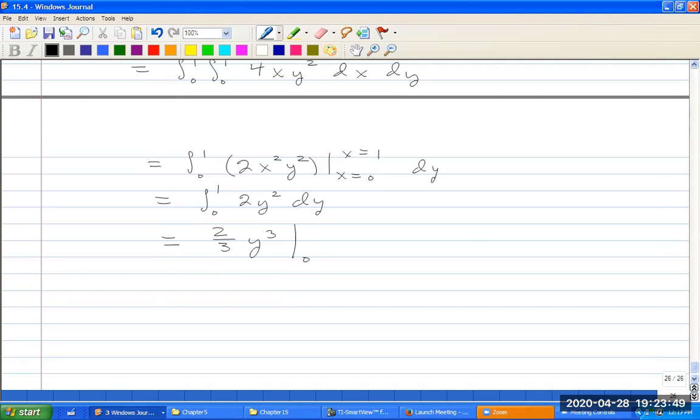So if I plug in a 1, I get that the expected value of the random variable y, again, I should use a capital letter here, is 2/3 times 1 cubed minus 0. So it's 2/3.